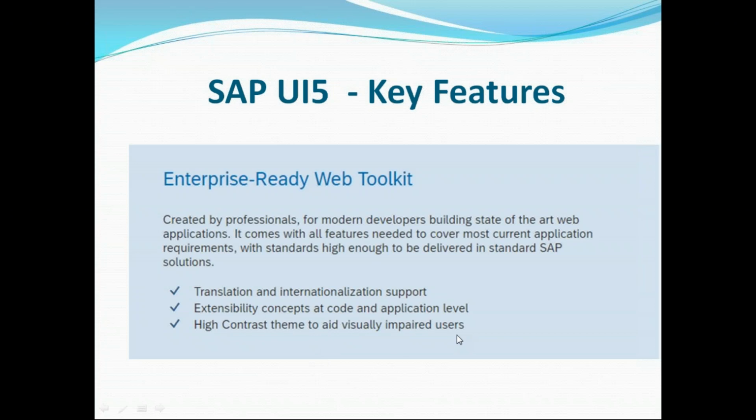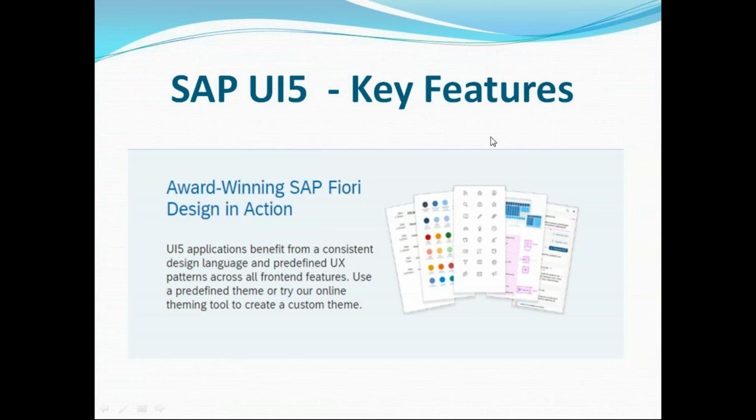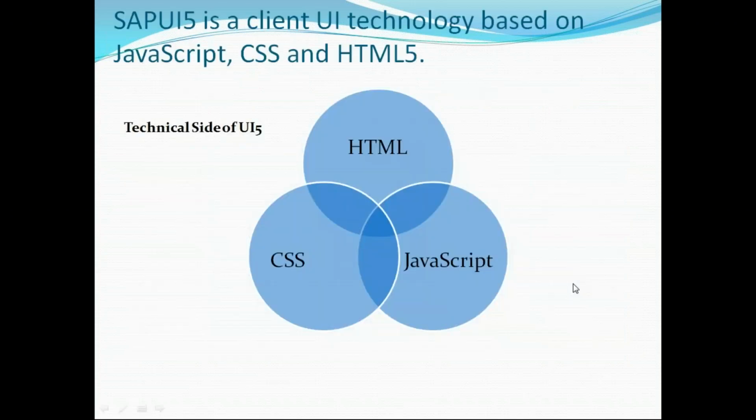Yes, guys, not only regular users, the visually impaired users also can interact with your apps. So SAP UI5 is such a capable development toolkit. Yes. So the award winning SAP Fiori design, as you said, the Red Dot award, with various controls, various themes. Themes are to make things attractive.